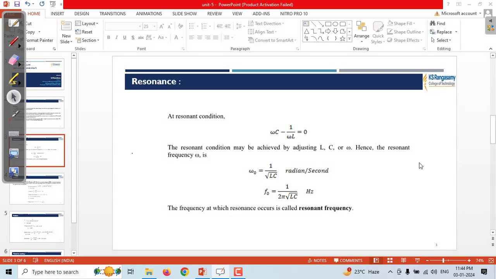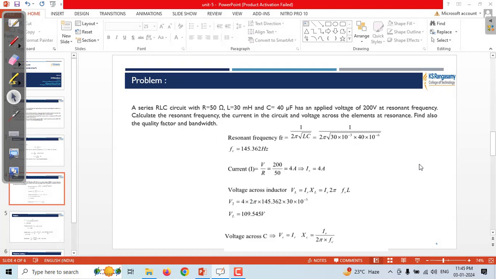Now we can discuss a problem, how to solve RLC series resonance circuits. A series RLC circuit with R value 50 ohms, L value 30 millihenry, and C value 40 microfarad has an applied voltage of 200 volts at resonant frequency.